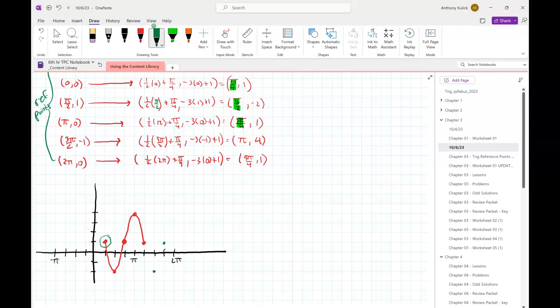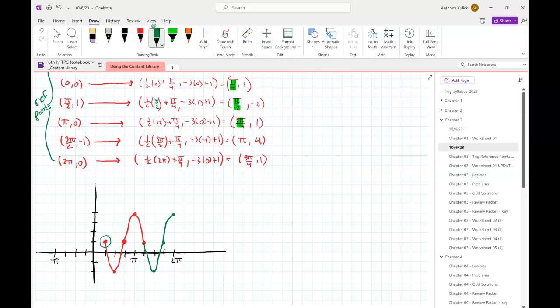So over 1, up 3. And then from there, I went over 1, up 3. So over 1, up 3. From there, I went over 1, down 3. So over 1, down 3. But actually, right here, I'm at the end of my graph, so I'm happy with that. You guys see what I'm doing? Just finishing the pattern.